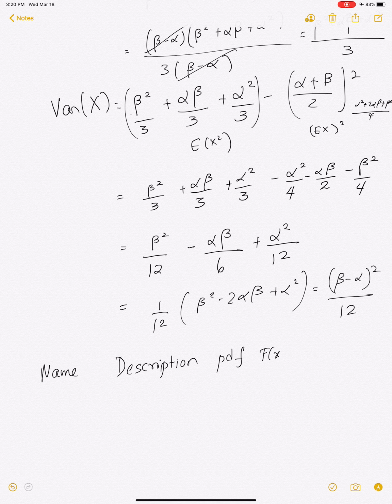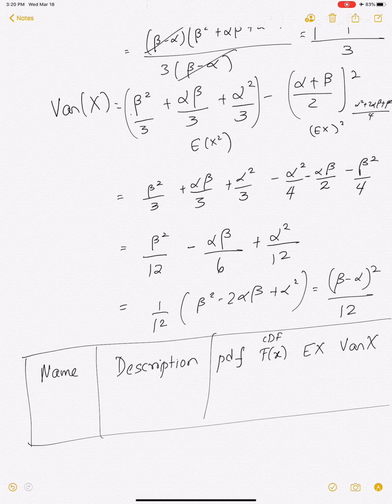If you want, write down the cumulative distribution function, the expectation, and the variance. So for different random variables, start making a table of these, and the first one you can put for the continuous is uniform. We're going to look at normal, we're going to look at exponential, and so on. So that takes care of the variance of a uniform random variable.